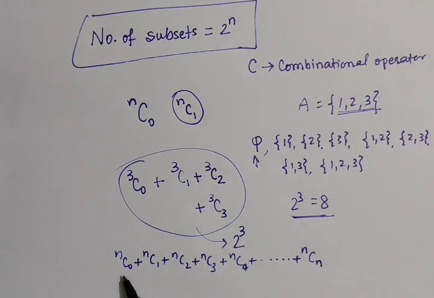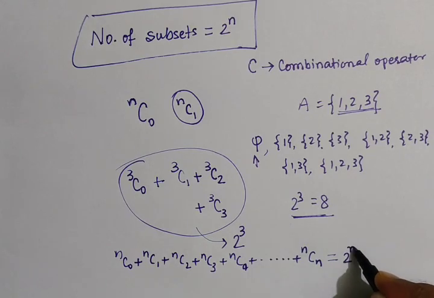So we add all of this, nC0 plus nC1 plus nC2 plus nC3 and so on, plus nCn. What is our outcome? The outcome is 2 power n.